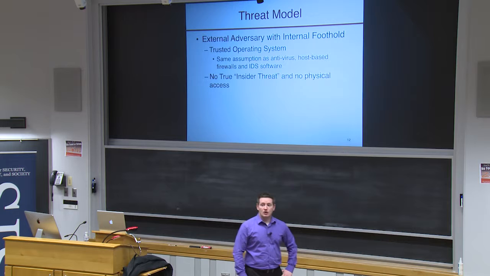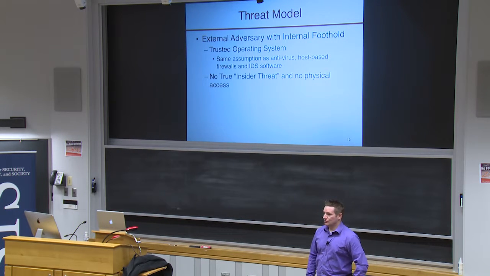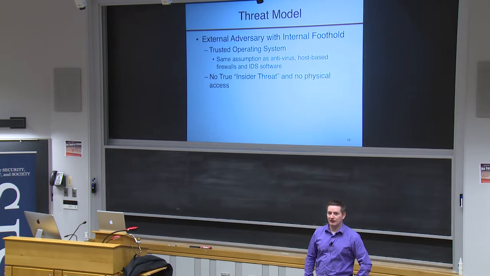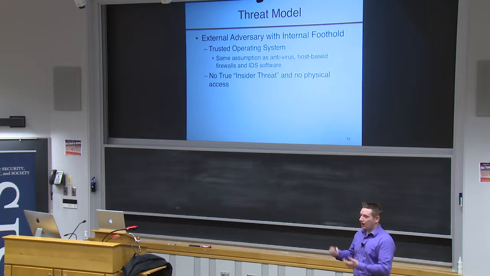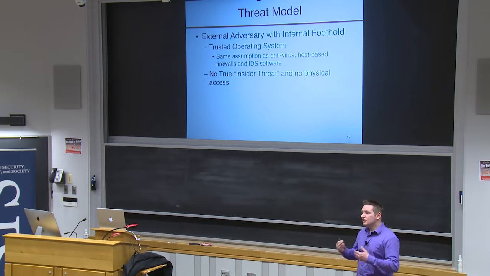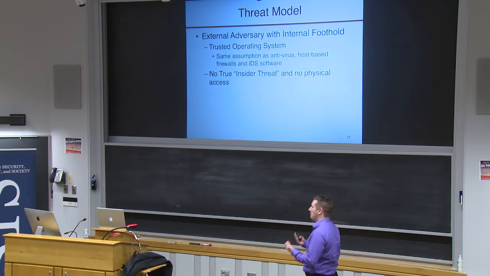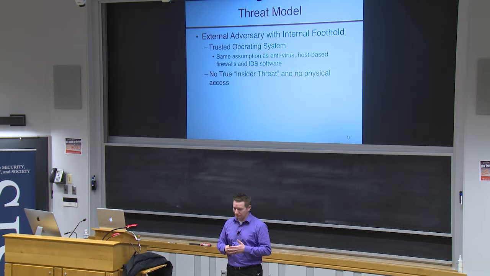We're going to first be trusting the operating system. Now that's an assumption that many researchers are a little bit hesitant about making. They're saying, it's software, it can also be compromised. If you can get a compromise in user space, why can't you also compromise the kernel? It's actually a little bit more challenging than that. Many machines have shared accounts. Linux boxes have lots of users on them.